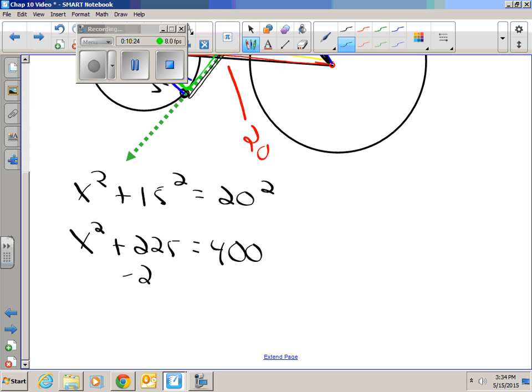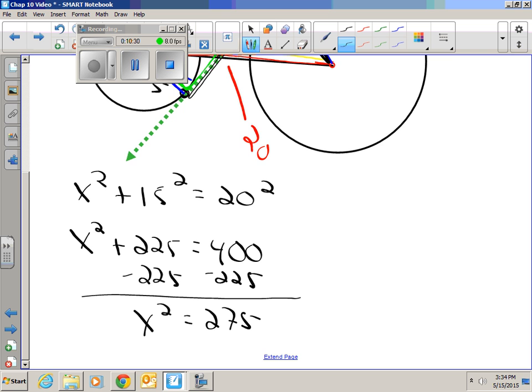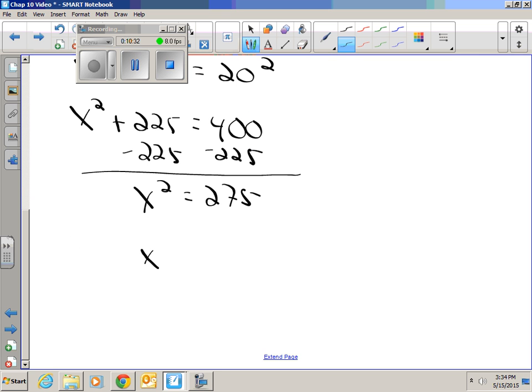Subtract the 225 from both sides. x squared is equal to 275. Take the square root of both sides. x is equal to radical 275.